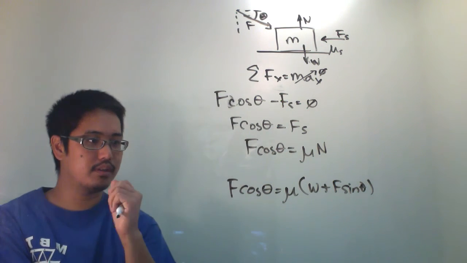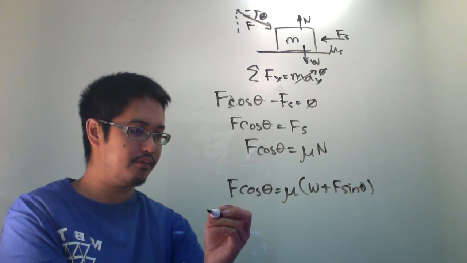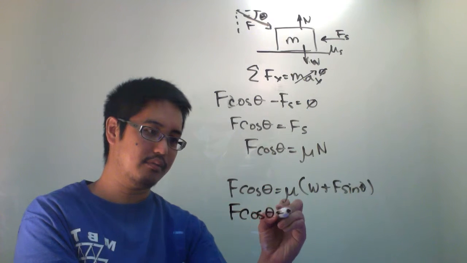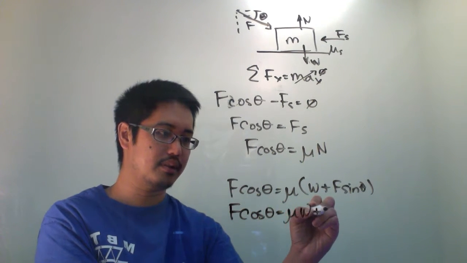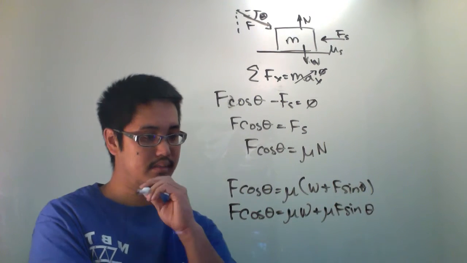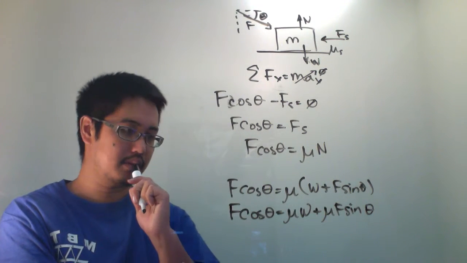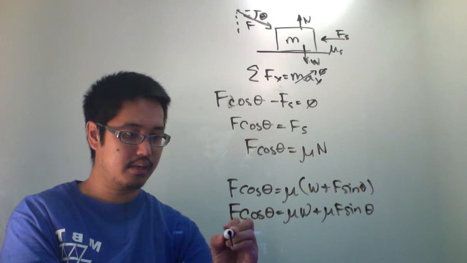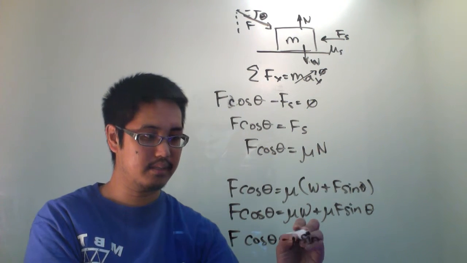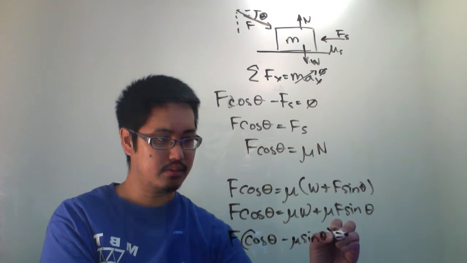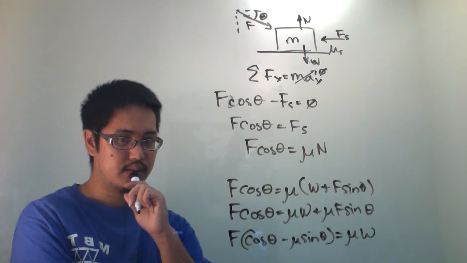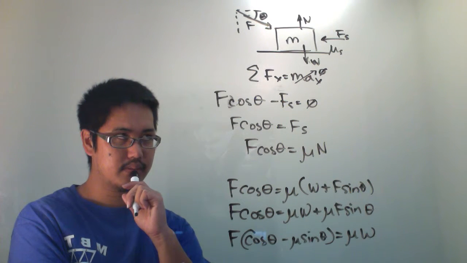Now, I'm going to solve for F. So I have F cosine theta equals mu W plus mu F sine theta. Okay. F times cosine theta minus mu sine theta equals mu W. We good?